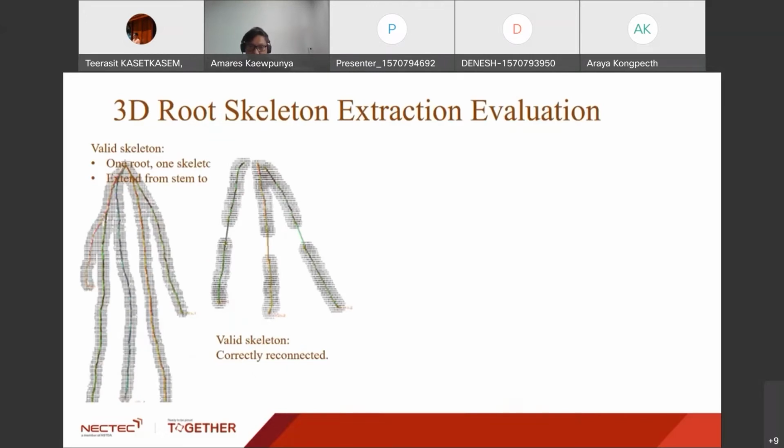Our skeleton extraction method has been verified with 3D images of cassava root to measure the performance. We inspected each generated skeleton by eye. The skeletons are divided as follows. One root is required to create only one skeleton. The generated skeleton must extend from the root stem junction to the root tip.